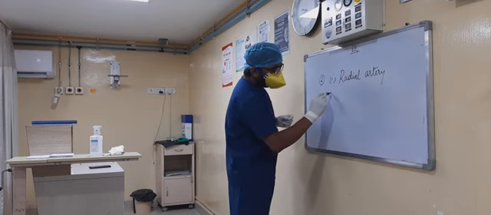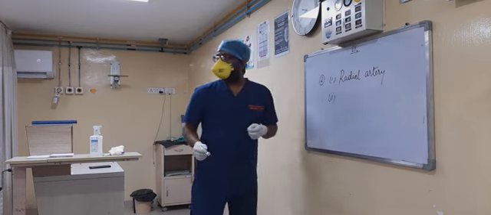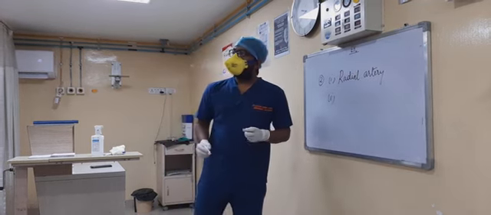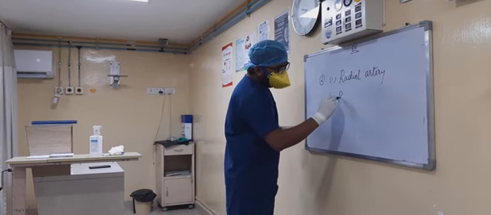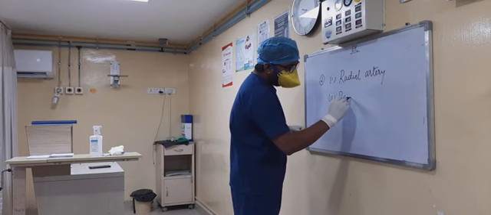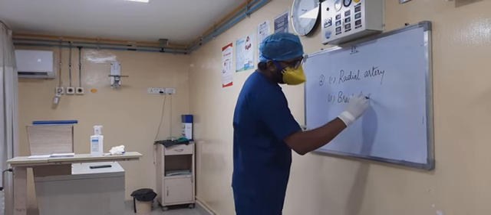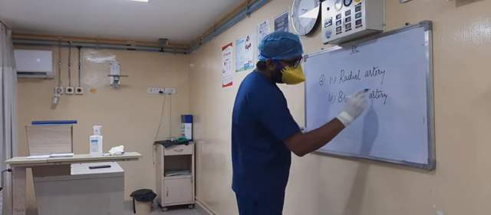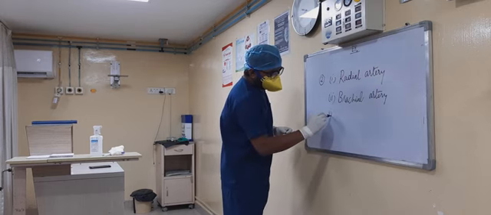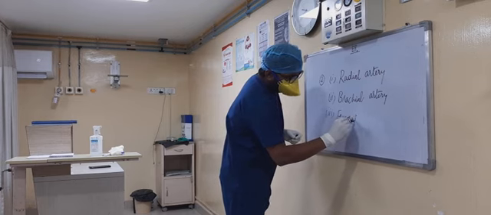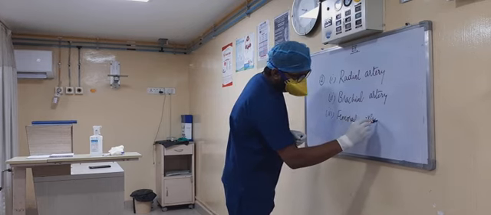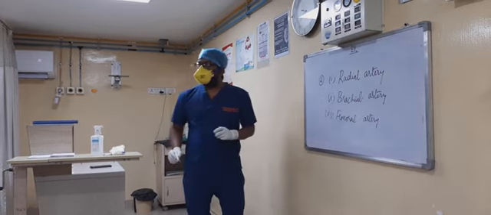The second common is, very good, the brachial artery. Brachial artery is more common than the femoral artery. Okay. Third commonest is the femoral artery. Okay? Understood now?